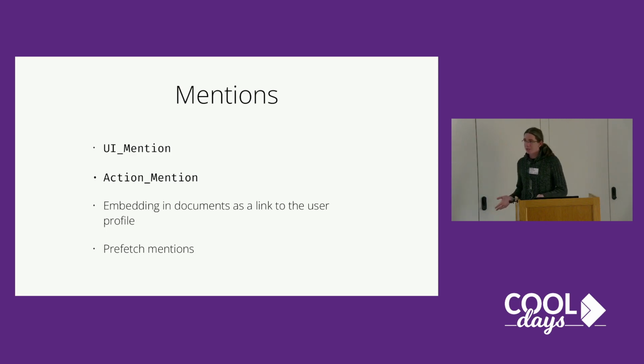Collabora doesn't know about the LDAP directory that is linked to Nextcloud, for example. So Collabora sends this UI mention message, and on the Nextcloud side, we can provide Collabora with the list of available users. And once the mention is inserted on the Collabora side, Nextcloud becomes aware that this action has happened by the action mention.